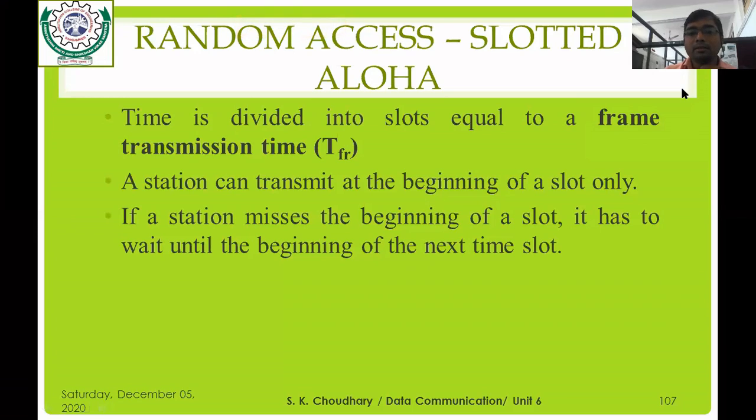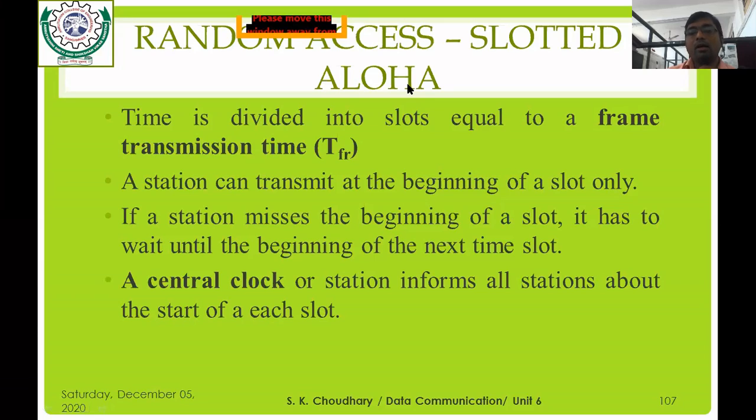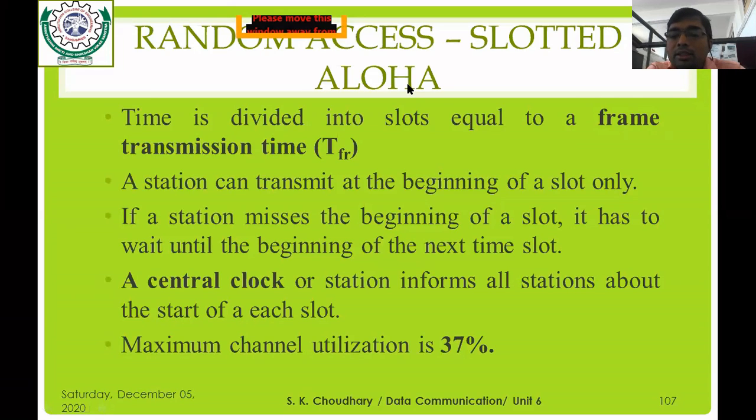If the station misses the beginning of the slot, it has to wait until the beginning of the next time slot comes. A central clock or station informs all stations about the start of each slot, and the maximum utilization here is 37%.